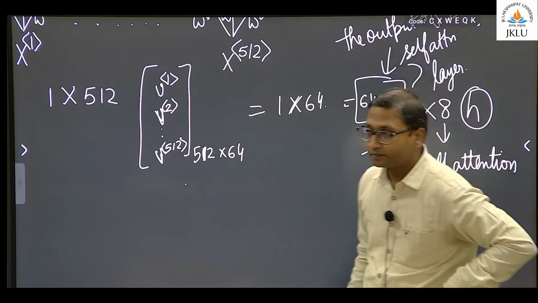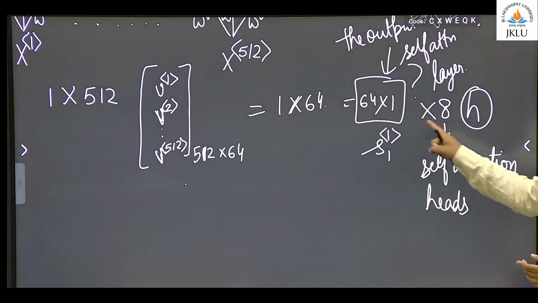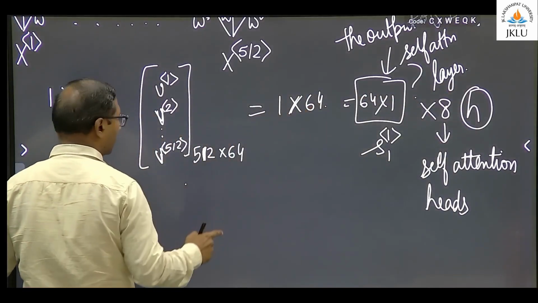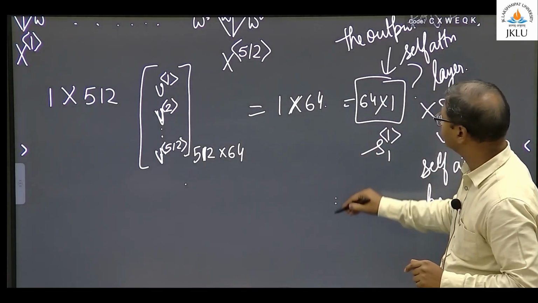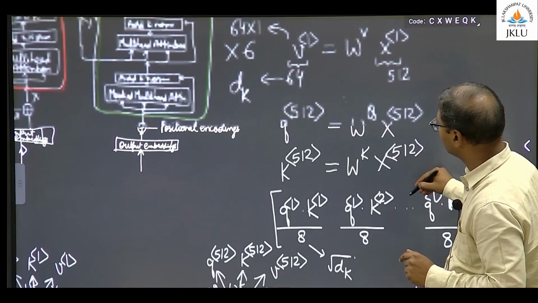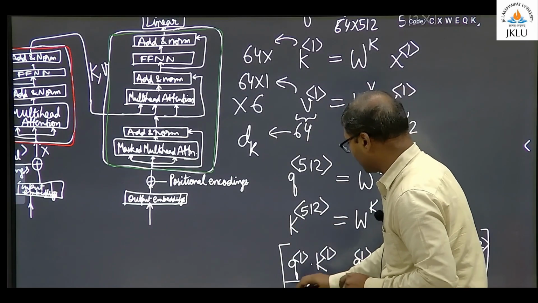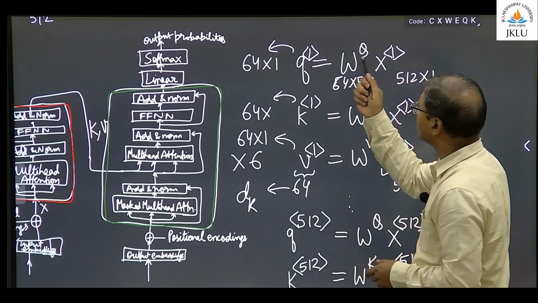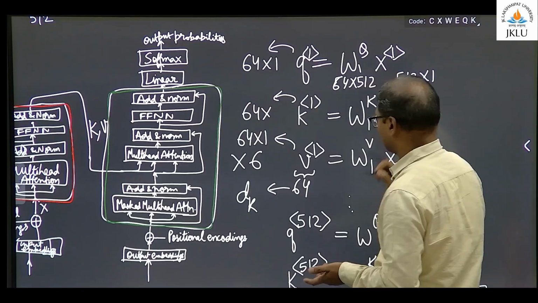Okay. 8? That's a good question. How will you do this 8? So I have received 64 cross 1 from one head. Tell me, how did I get this 64 cross 1? These guys, right? So now let me state that this is actually not WQ, WK and so on. This is WQ1, WK1, WV1.